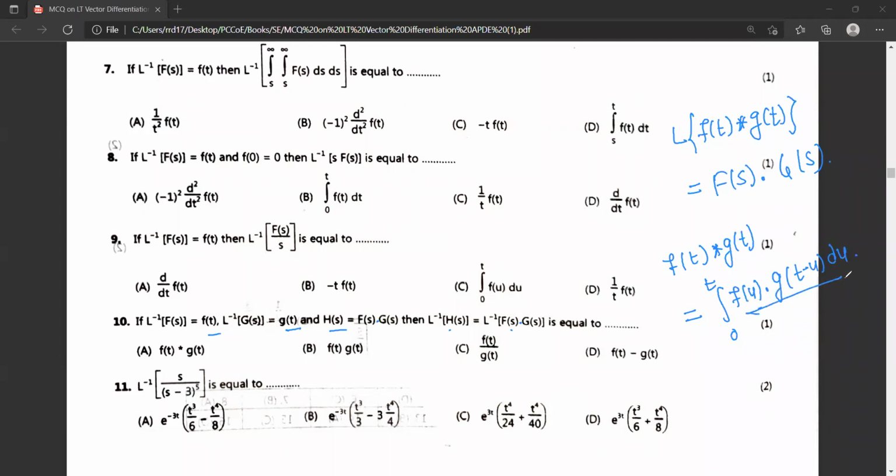So you should also know this definition. So the answer is this one. Clear? Answer me. Clear, yes, sir. Okay.